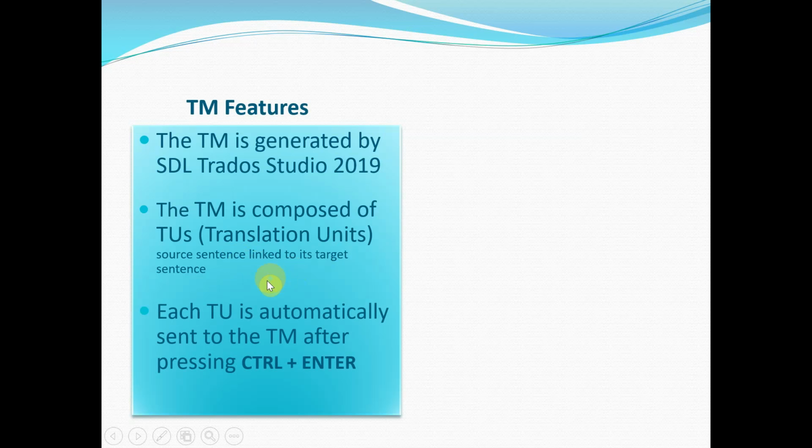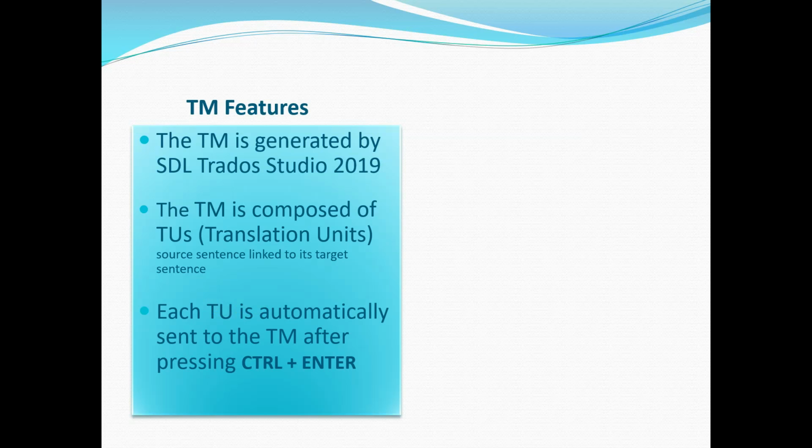Another feature of the TM is that each TU is automatically sent to the TM after pressing Ctrl+Enter. We need to press Ctrl+Enter each time we want to move from one sentence to the next one. And while we are translating, of course, we want to move from one sentence to the next one because we want to proceed with the translation of our document.